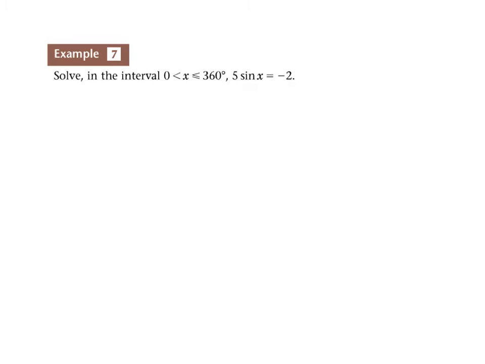Let's take this a bit further with example 7, and this time we look at the interval that we're working in, and we can see that we're still working in degrees from 0 to 360. So we're looking at positive angles here. If we look at 5 sine x is equal to minus 2, we've got to try and get sine x by itself, so it's equal to minus 2/5.